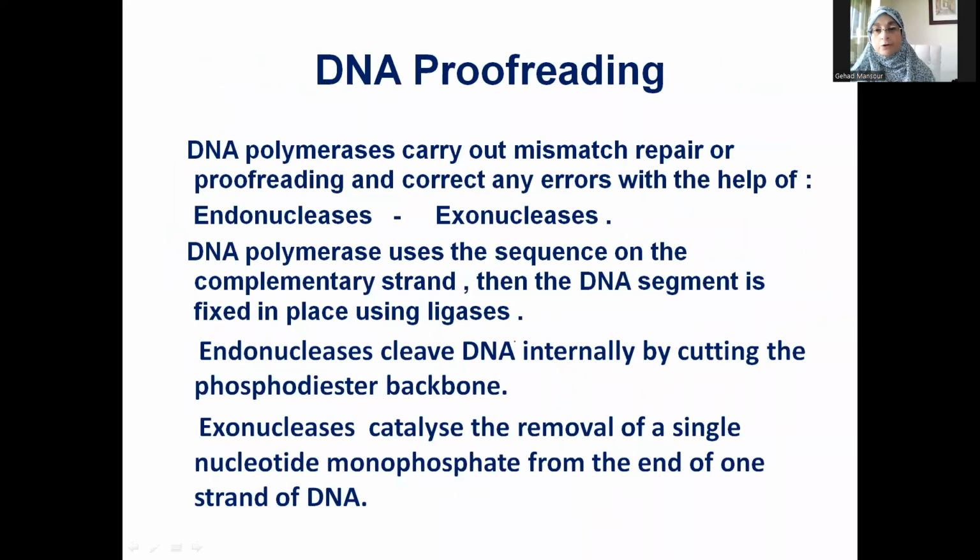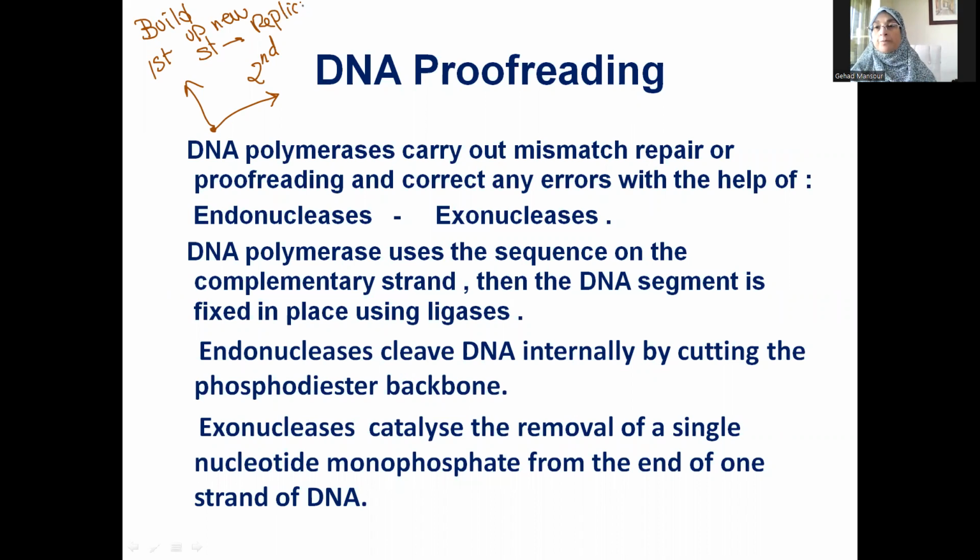enzyme function. And then we have what we call the DNA proofreading. DNA proofreading is done by DNA polymerase. So this is a second function of the DNA polymerases. The first function of the DNA polymerase was to build up new strands of DNA and therefore help in replication.